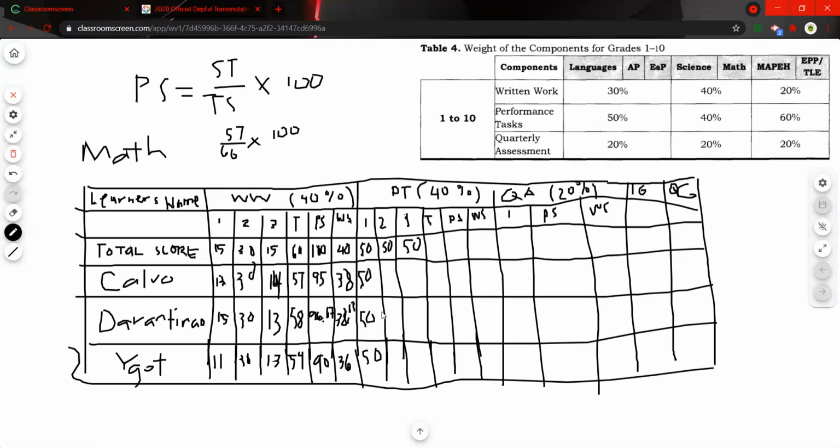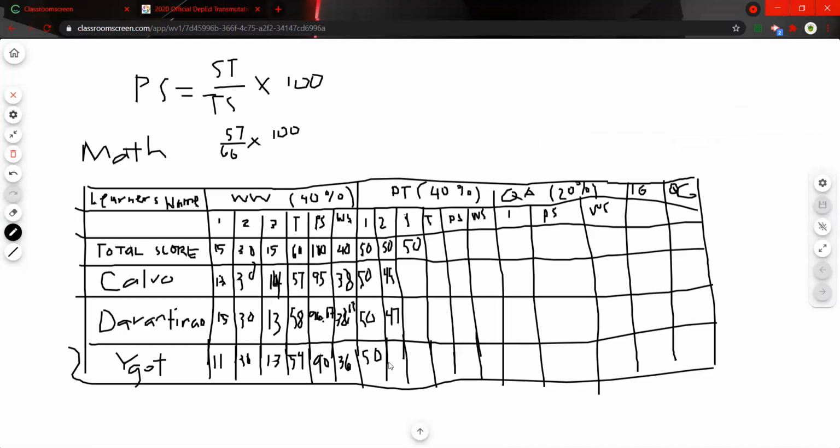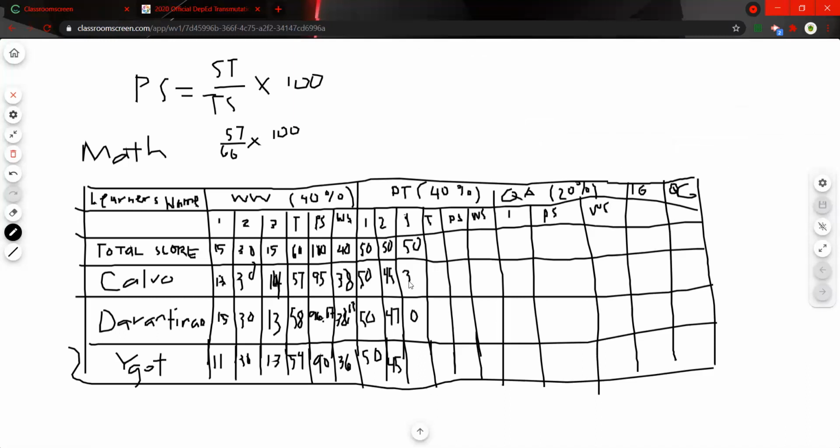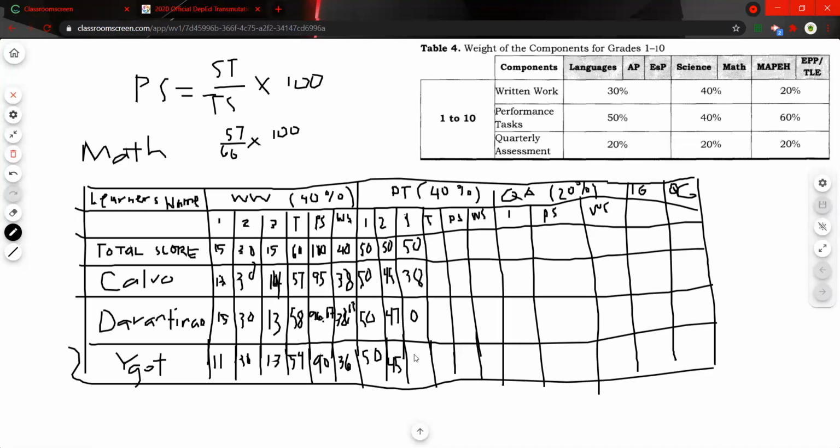The second one, Calvo got 45, Darantinaw got 47, and Igot got 45. Then for the last one, since Darantinaw did not appeal for one performance task, that is 0. While Calvo got 38, and Igot got 42. So the total score is 150.